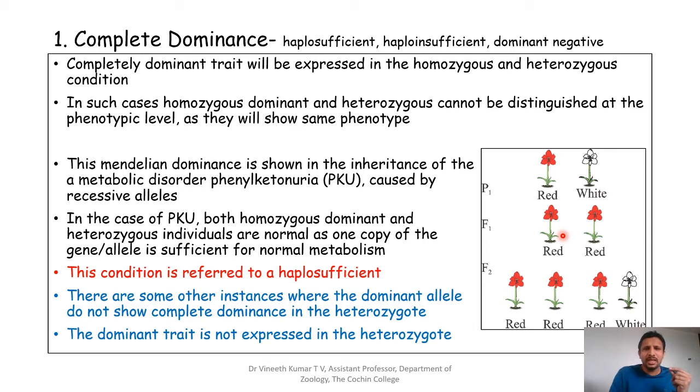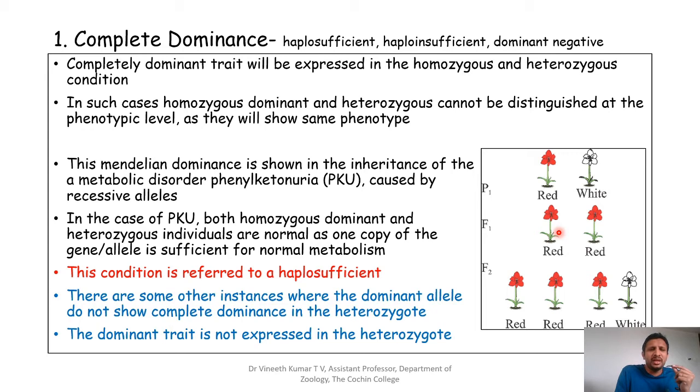But there are some other instances where the dominant allele does not show this dominance in the heterozygous condition. So this is what is called a deviation from the normal Mendelism or the Mendelian principles. In such cases, this is a normal one where you have the red color. The heterozygote also expresses the red color. But in other instances, you can see that the dominant allele produces a particular trait, but the heterozygote does not express that particular trait.